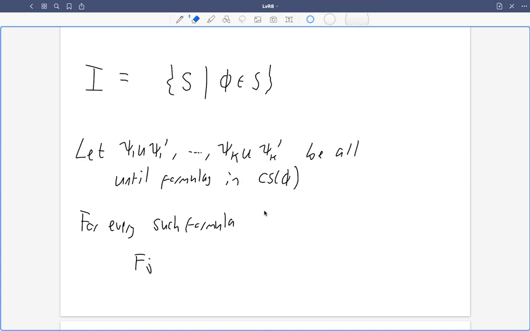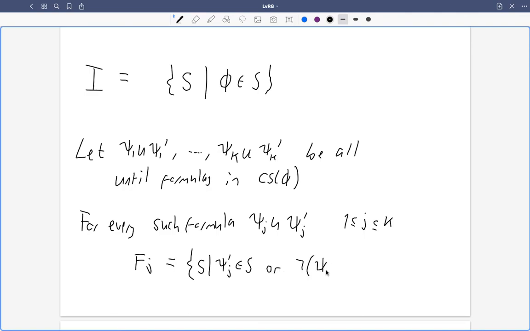For every such formula, let's call it psij until psij prime, where j is between 1 and k, so it's one of the until formulas, we define the final set to be all those elementary sets, namely states of the generalized Büchi automaton, such that either the right-hand formula of the until belongs to the set, or the negation of the until belongs to the set.